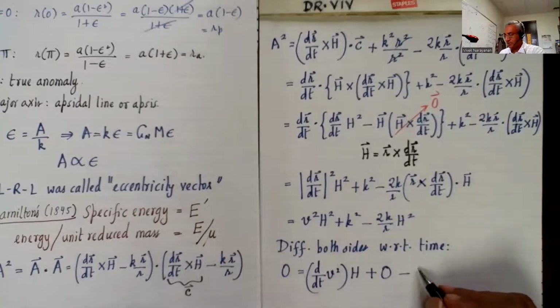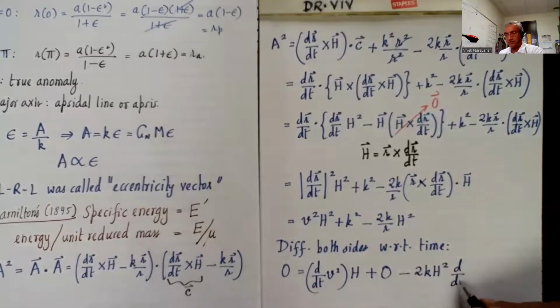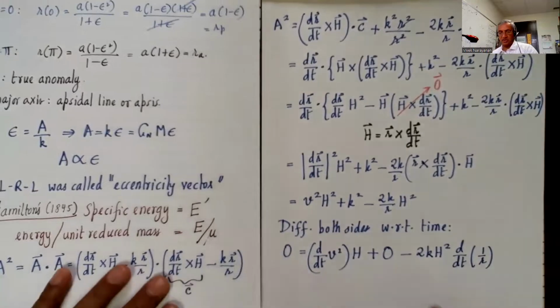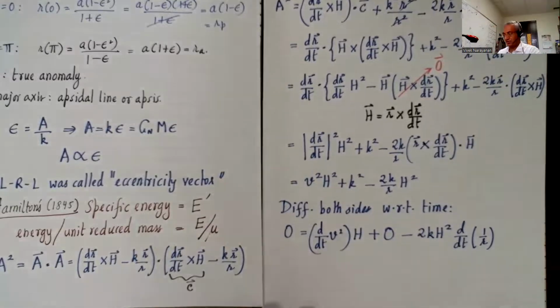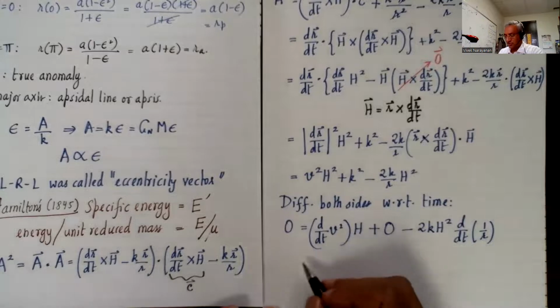And then here, I only differentiate the 1 over r term, which is about the only thing that's changing with time since the orbit is not circular in general. So that's a great point to come to, because now we essentially see that energy is conserved. So that's the big point of this exercise.